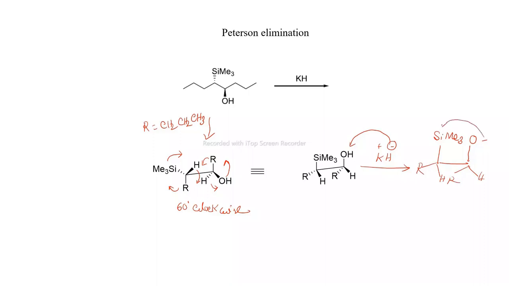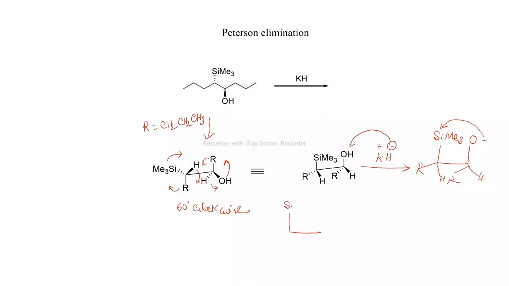This oxygen lone negative charge will attach to the vacant d orbital of the silicon. Always remember that silicon tries to attach to an electronegative atom. Silicon has a great affinity towards electronegative atoms because that type of bond is the most stable bond. So we'll get the structure like this.